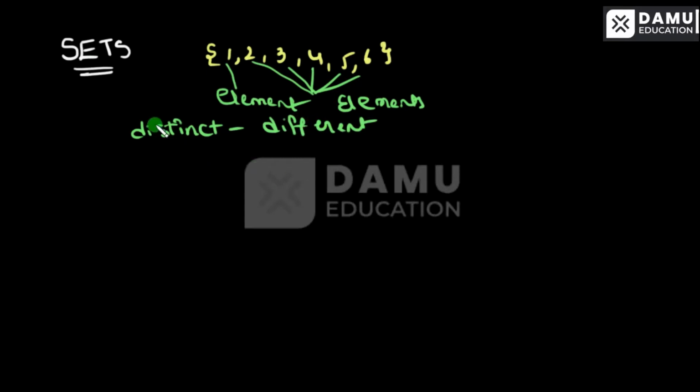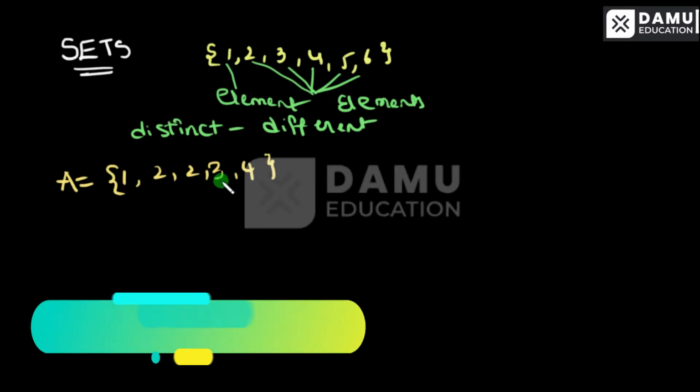Distinct means different. So if you take 1, 2, 3, take 2, 3, 4. Let's take set A equal to 1, 2, 2, 3, 4. So here, can you say A is a set?